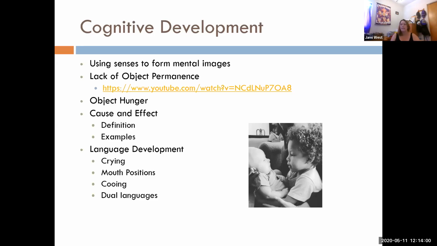In 0 to 6 months, infants cannot keep a mental image of anything that they see. So essentially they don't have memory in regards to visual images.